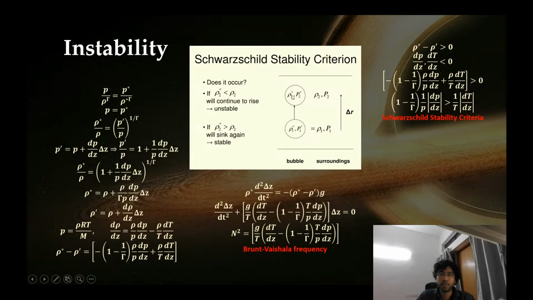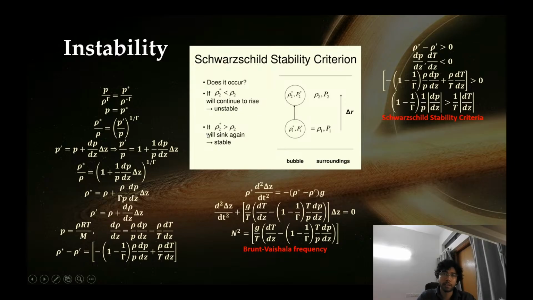If rho 2 star is less than rho 2, so the bubble has lower density compared to the surrounding, it will keep on going up, therefore it will be unstable. Whereas if rho 2 star is greater than rho 2, the bubble will sink and come back to its original position.